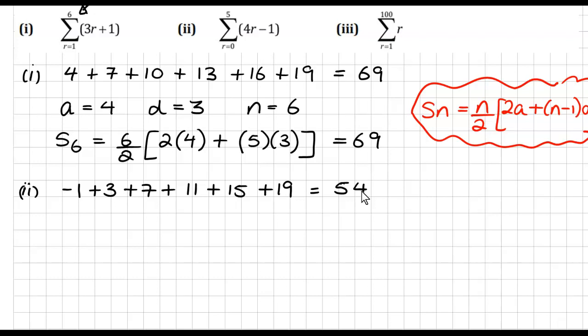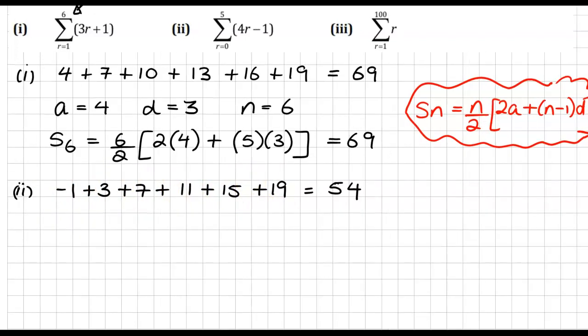But the same idea will work with the formula. So just remember that was filling in 0, 1, 2, 3, 4, and 5. So we can clearly see now that our A is -1, our D is 4, and again, just be mindful, our N is 6. It's not necessarily the number on top.